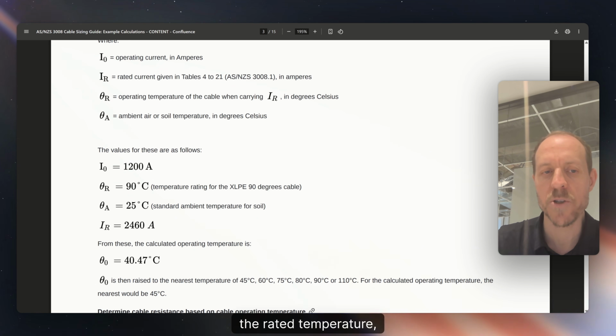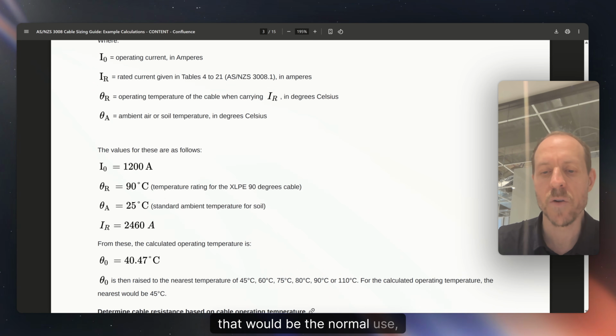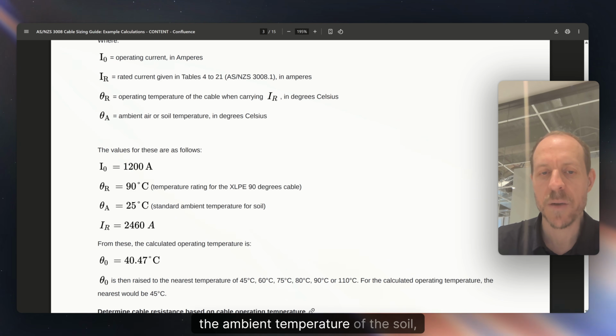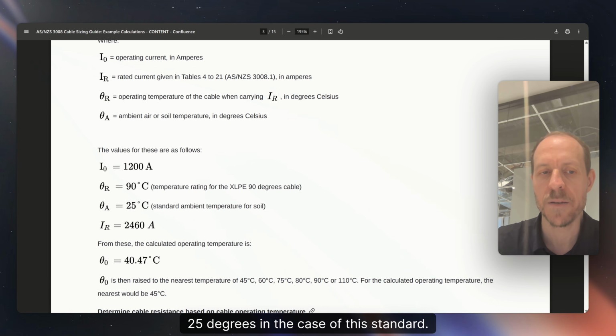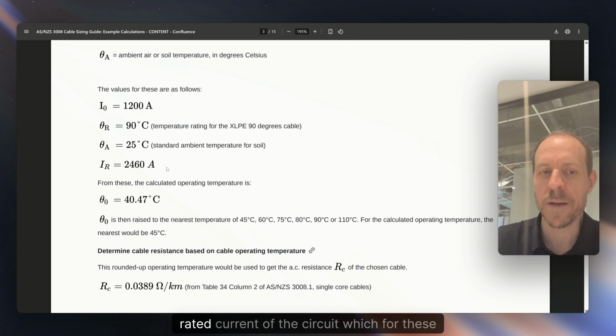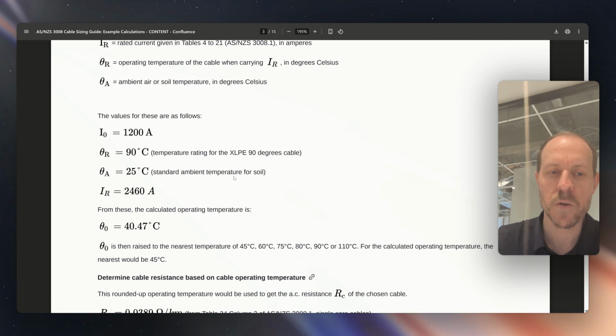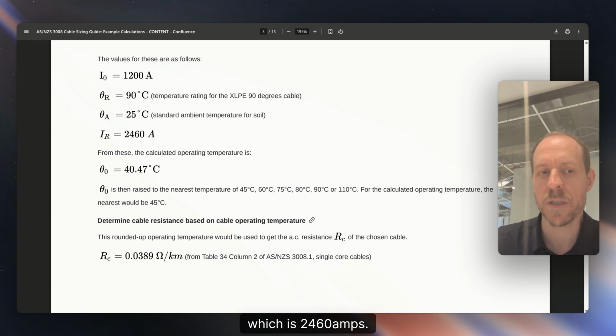The rated temperature, 90 degrees for XLPE cable, that would be the normal use operating temperature. The ambient temperature of the soil, 25 degrees in the case of this standard. And we also need to enter the rated current of the circuit, which for these 3 sets of 630 square mil is 2,460 amps.